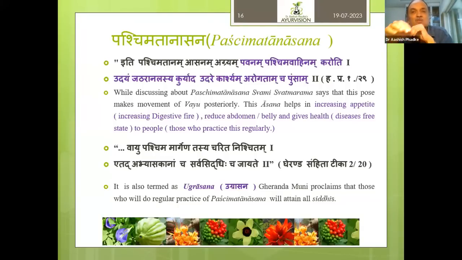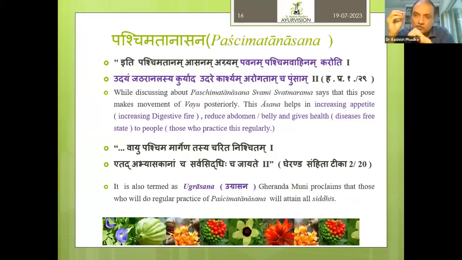And that also finally leads to arogatam cha punsam. Punsam means that particular human will become disease free forever. So that is what you understand by knowing the hidden meaning of these terms, not merely the translation. Yes, translations are also important and crucial for basic understanding.